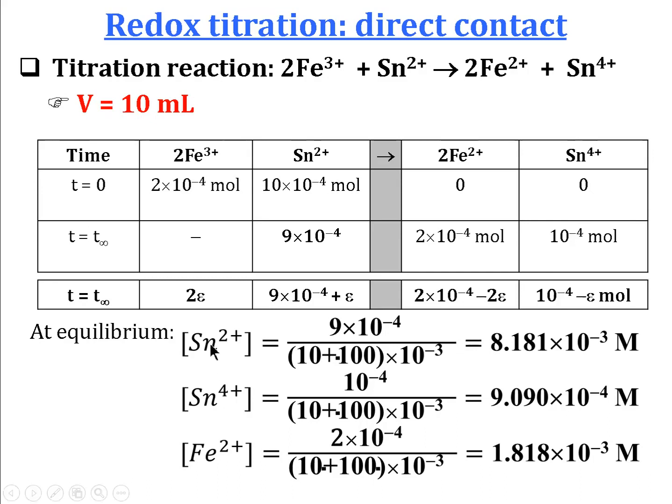So now we have Sn2+, Sn4+, which are known, so we can apply directly Nernst on this couple. If we want to apply Nernst on the couple Fe3+/Fe2+, we need to calculate Fe3+, so we need to calculate epsilon.